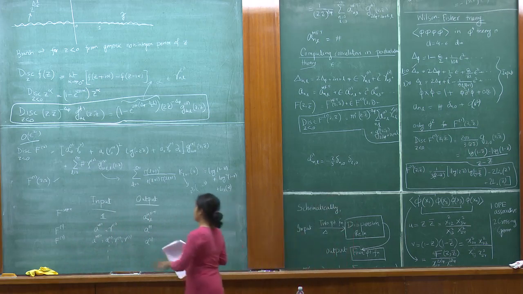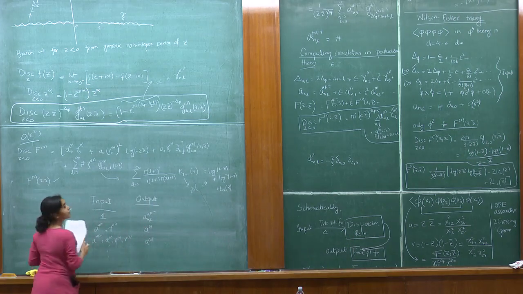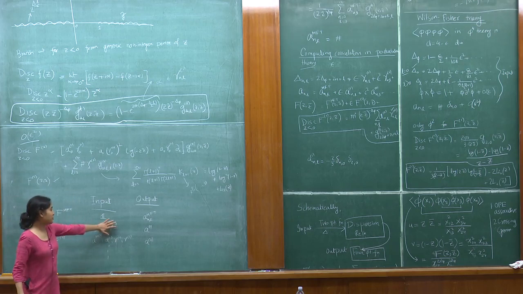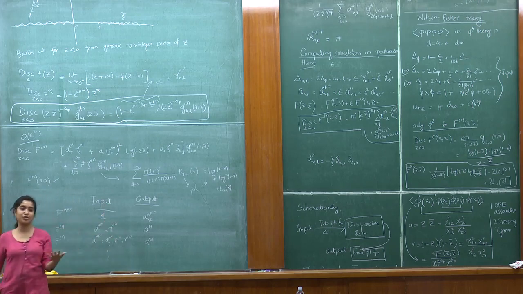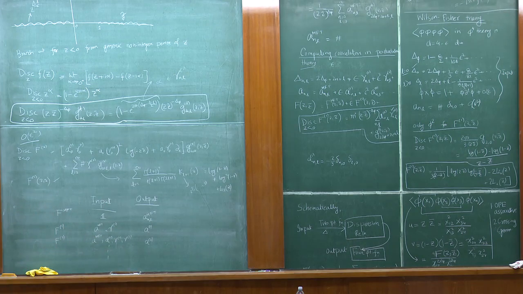But gammas you need to know from somewhere. Yes, these are always the inputs. These we cannot compute using this, because this enters in the way we are computing the discontinuity, either from Feynman diagrams or from some other bootstrap approach, either from Mellin bootstrap, or from the inversion formula one can compute this.